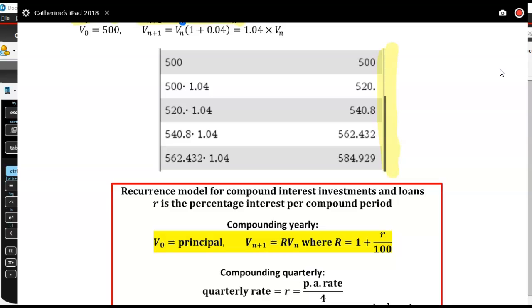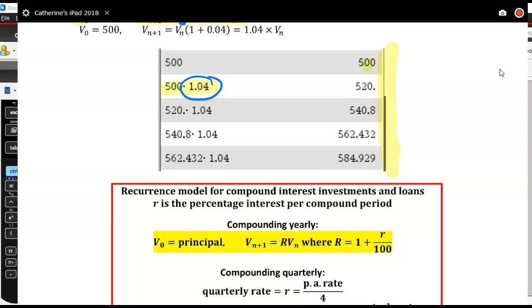Okay, so the first year we invest $500. Then we earn 4%. Now, take a moment. Why have I written 4% as 1.04? If you've said because it's increasing by 4%, you'd be correct. I've written it as 1.04 because if you times something by 1, it stays the same.